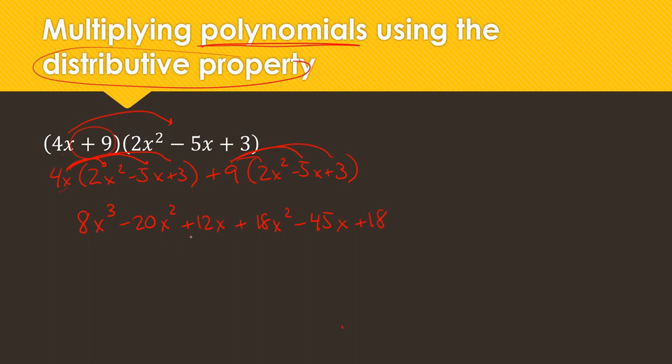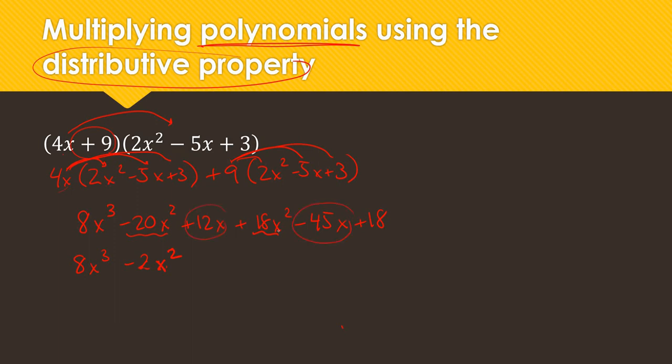I've got to look for some like terms in here. 8x cubed, there are no other x cubes. There's my x squared. Negative 20 plus 18 is negative 2. Remember, when I add like terms, I don't change the variable component.